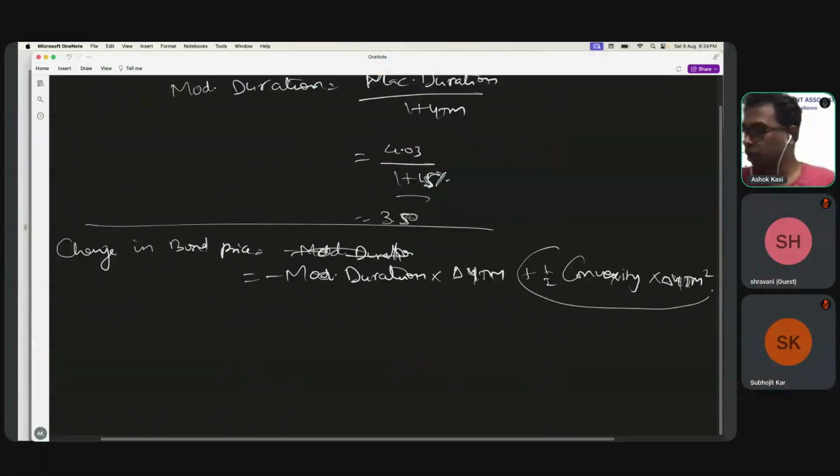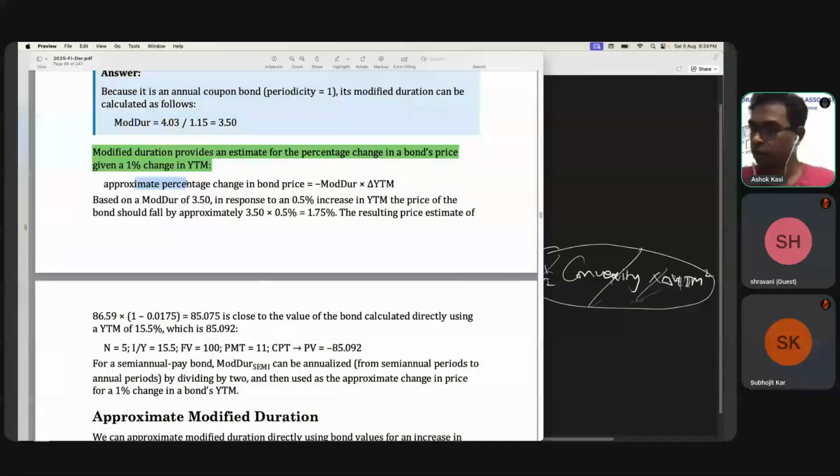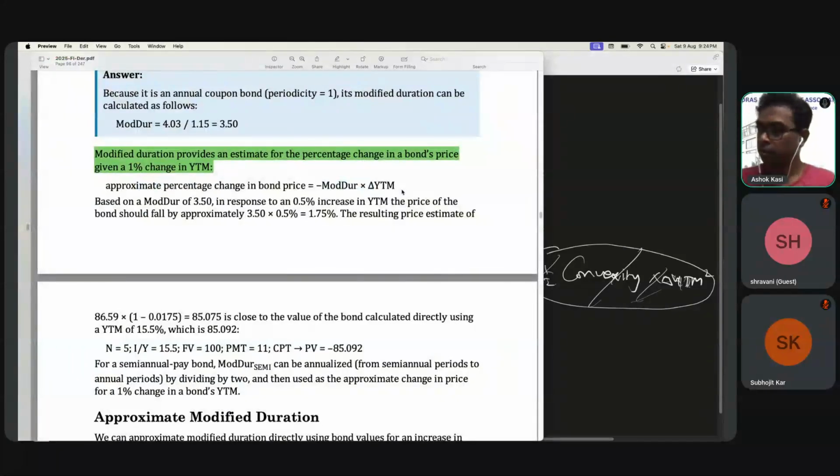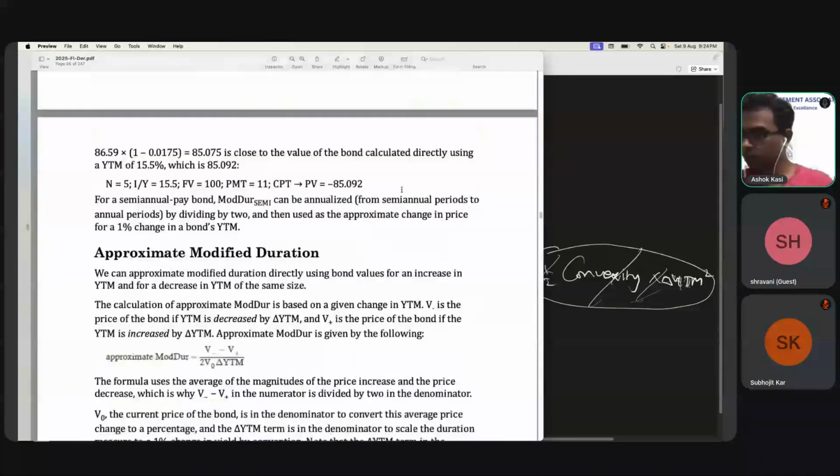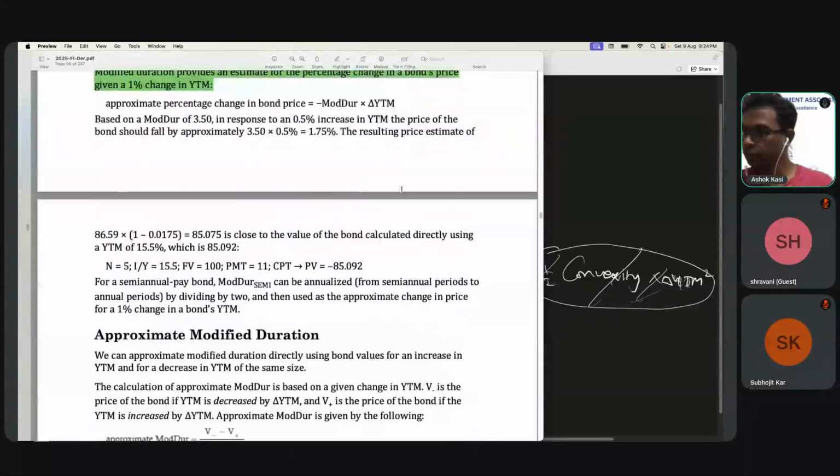Okay, so this part, if you don't know, then it becomes what? Approximate change here. Okay, approximate change. Then you can read all this now.